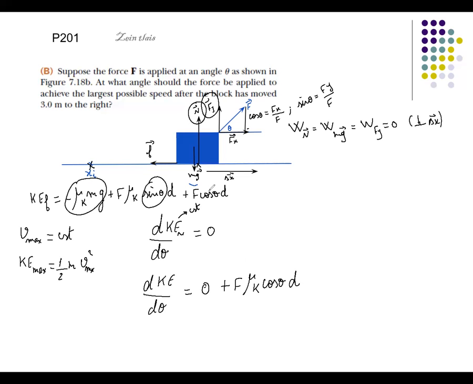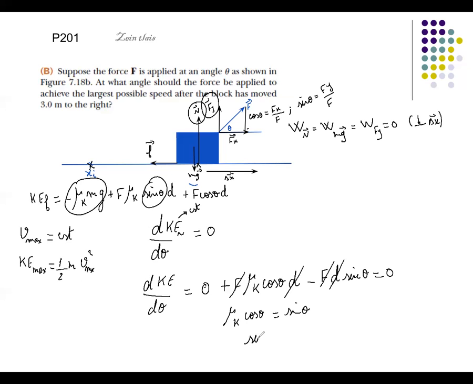The derivative of cosine theta equals minus sine theta, so minus F d sine theta equals 0. We can cancel d and d, F and F. We get mu kinetic cosine theta equals sine theta.